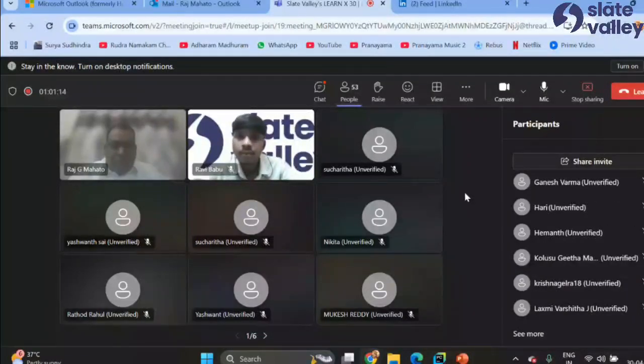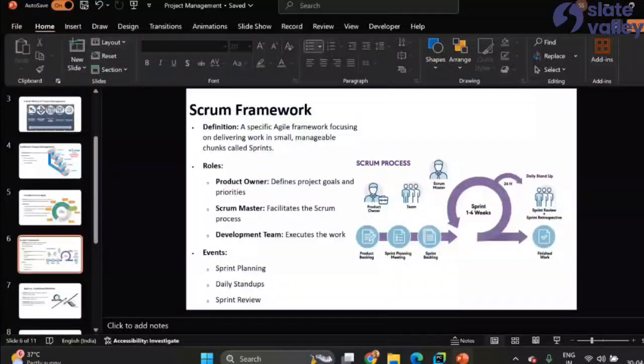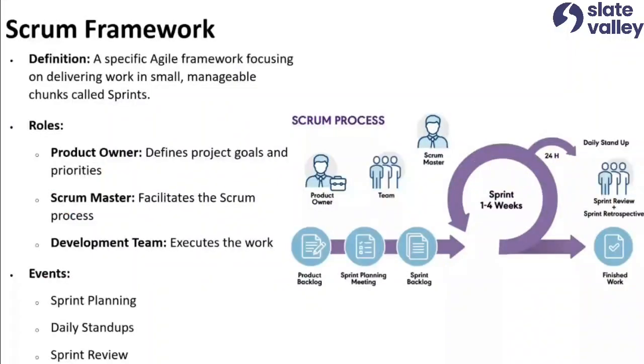So the same thing here is you have a team of 5 people. You 5 people work for 2 weeks or 4 weeks. Basically, a sprint is between 2 to 4 weeks. Some projects have 2-week sprints. Some companies or projects have 4-week sprints.